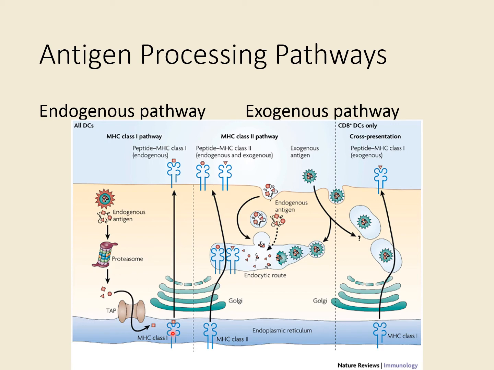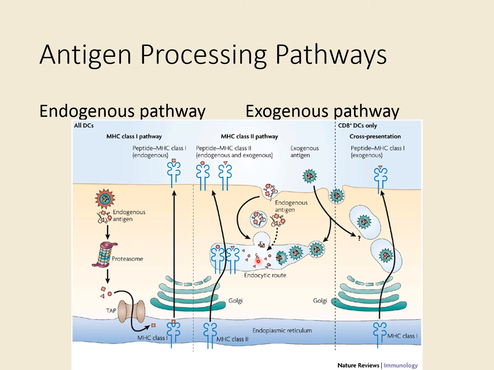These peptides are loaded onto MHC class I molecules, and this loaded molecule is then displayed on the cell surface of antigen presenting cells. In the class II pathway, the antigen is generally exogenous in nature and it is ingested by the cell via endocytosis, and then it is degraded to produce peptides.